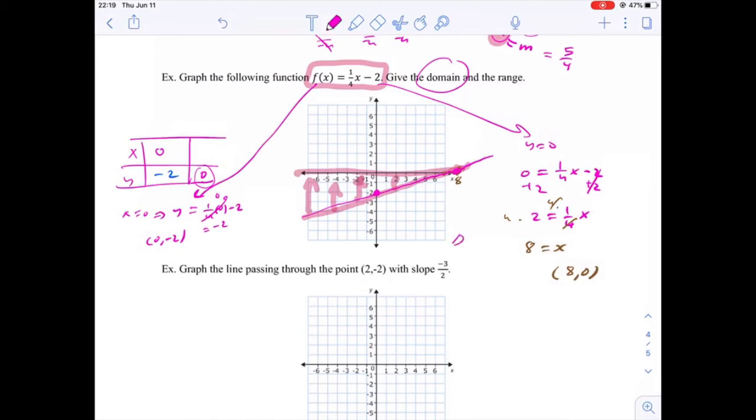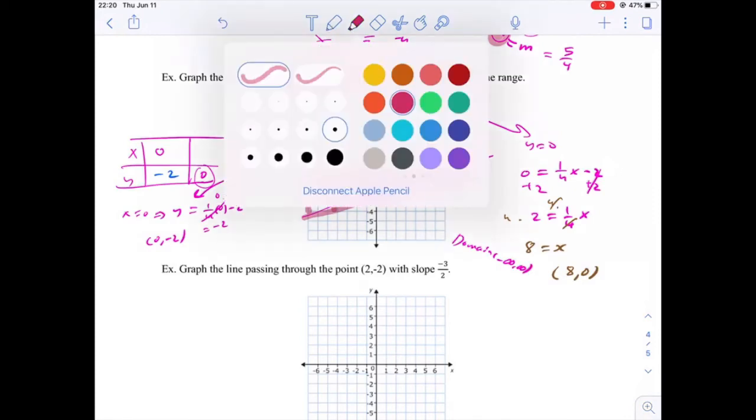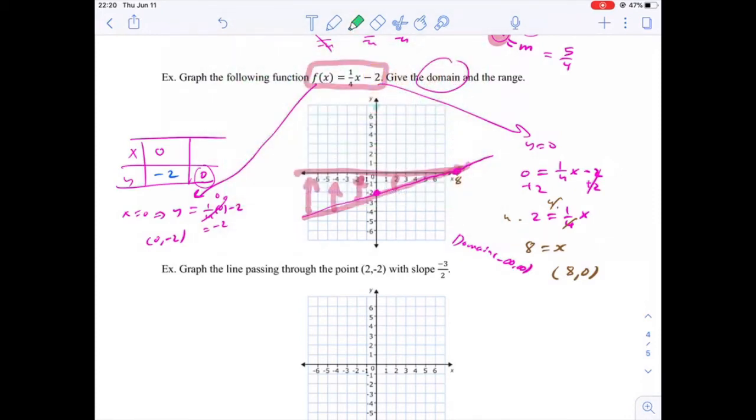So the domain is negative infinity to infinity. Now, what about the range? The range is the values on the y-axis after projecting the function. As you can see, we can project these values onto the y-axis, and that should cover, as we extend this, the whole y-axis. That means the range is negative infinity to infinity.